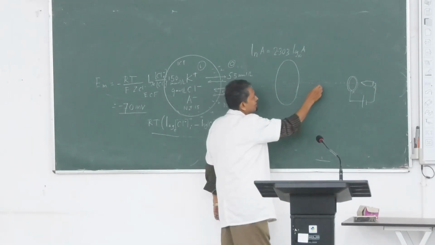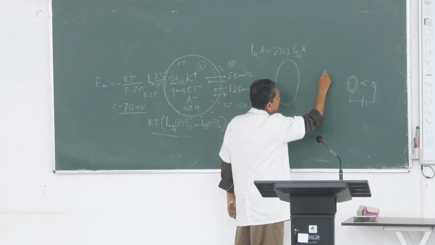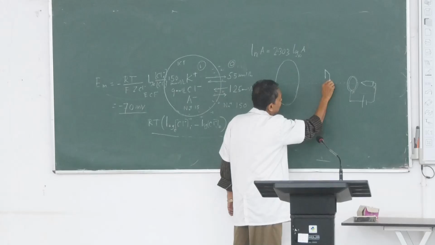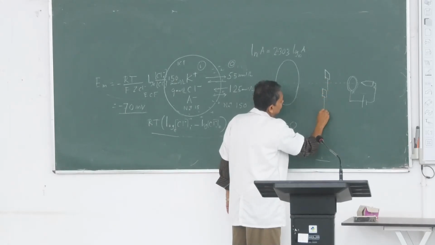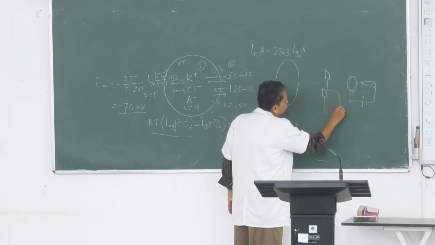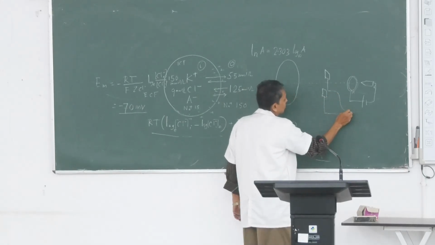Now there are vertical plates, the X plates, and they are connected to a sweep circuit.